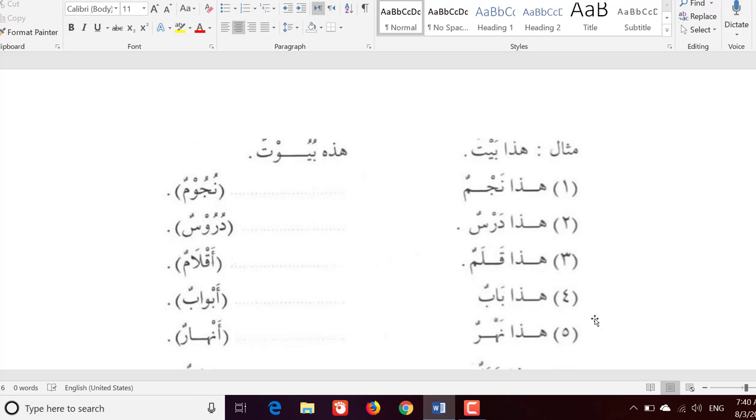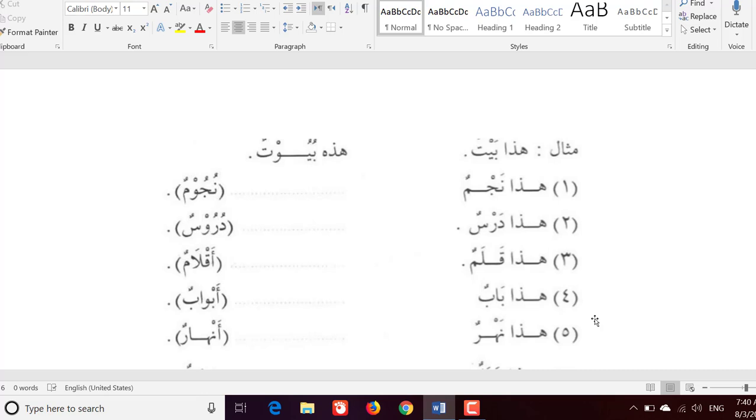So hada najm, najm is masculine. It does not have a ta marbuta, so we said hada najm. Number 2, hada dars, again, masculine, singular. This is a lesson. Hada qalam, this is a pen, singular, masculine. Hada bab, singular, masculine. Hada nahar, singular, masculine. Okay, but when we change it to plural, we don't say haula'i nujum.